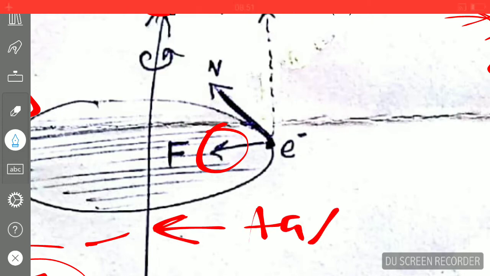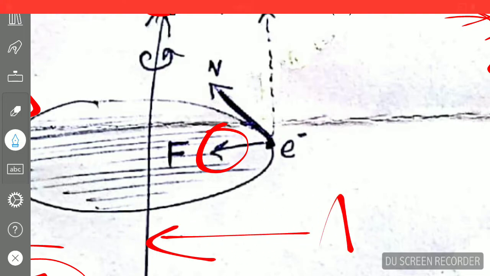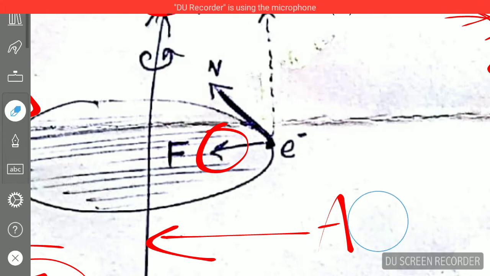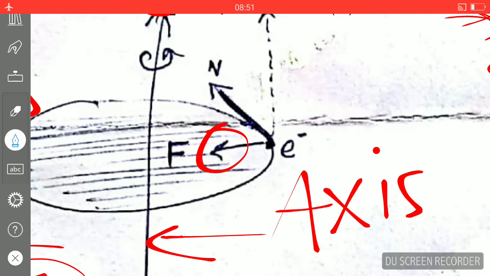This is the axis, so the force that will act on the electron will be towards the axis.